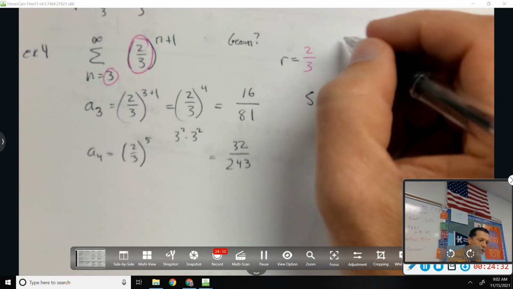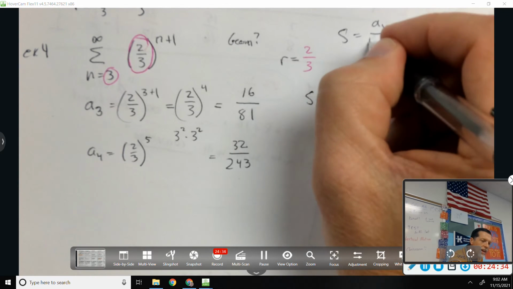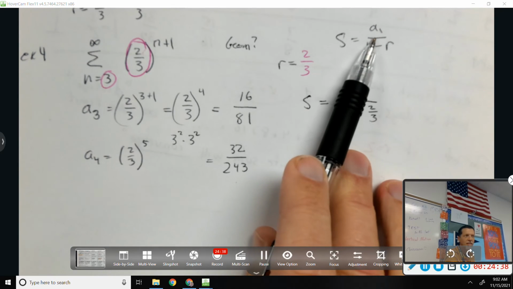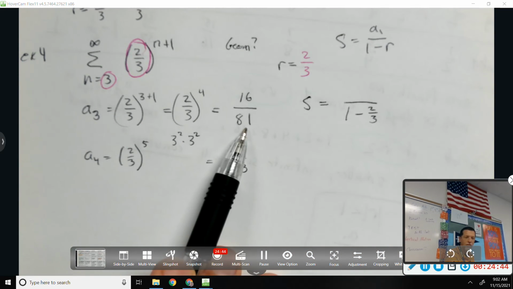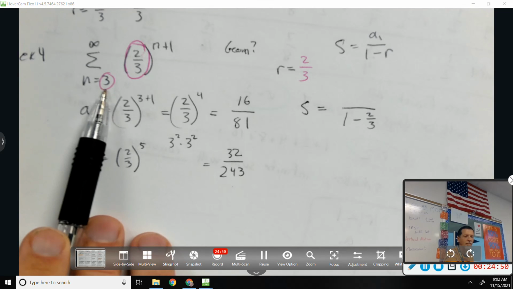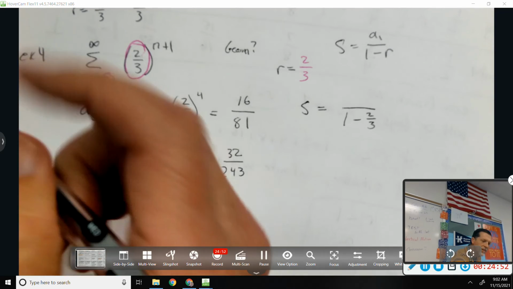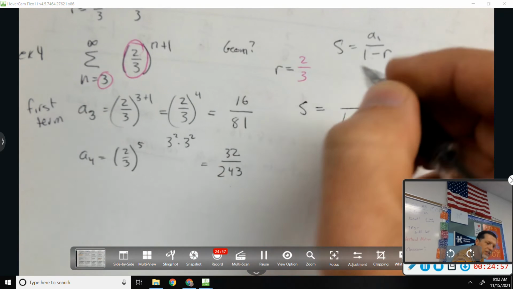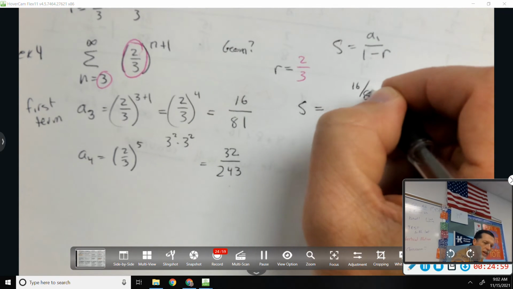In the formula, a sub 1 doesn't mean plug in 1, it means first term. So this is 16 over 81. That's the first term. We started at 3, which is what messes this one up, but the first term is 16 over 81.